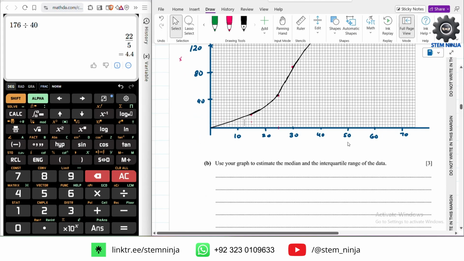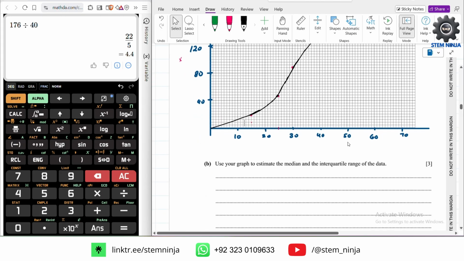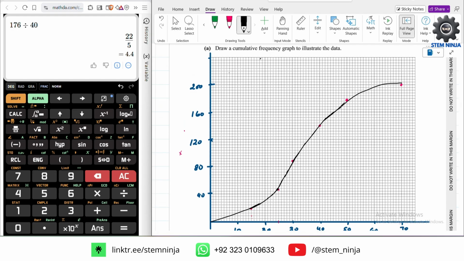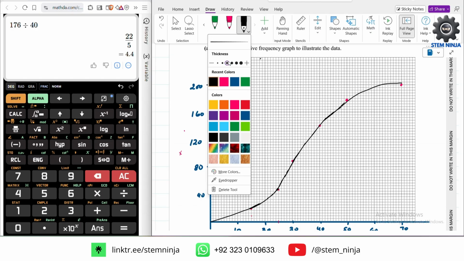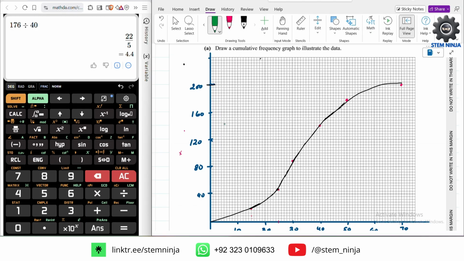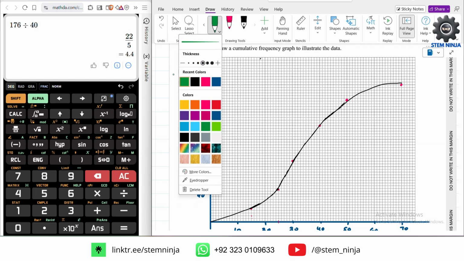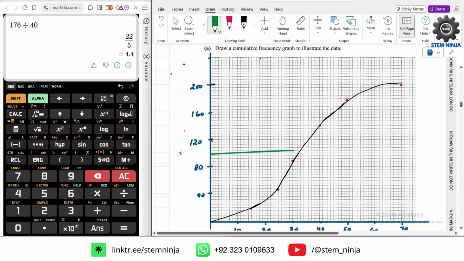I use the graph to estimate the median and interquartile range of the data. So median would be at 100. So 100 is right over here. I think we can increase the width now. So halfway.